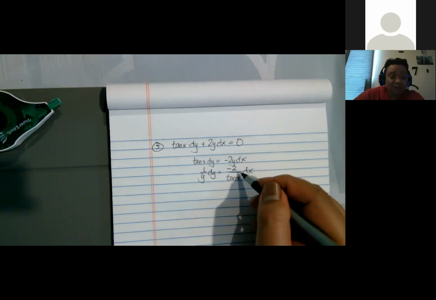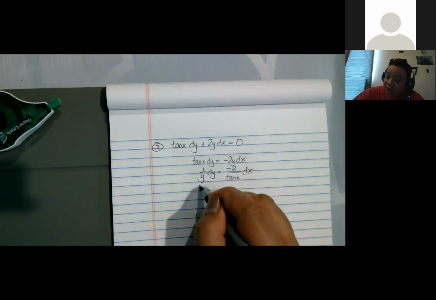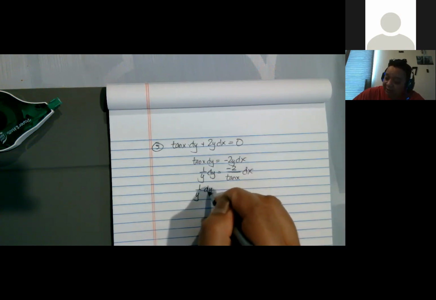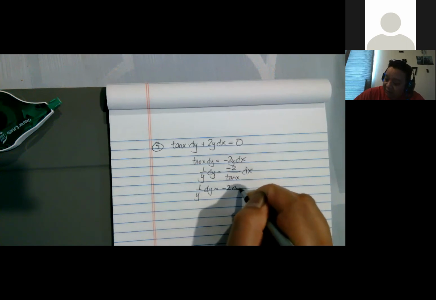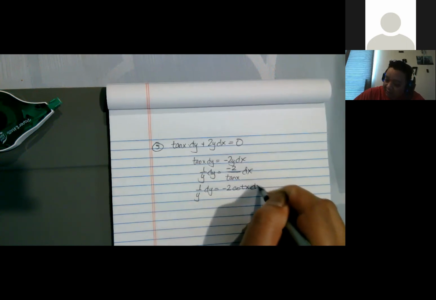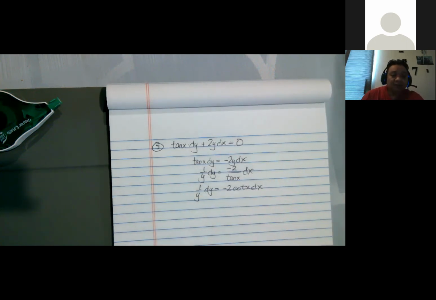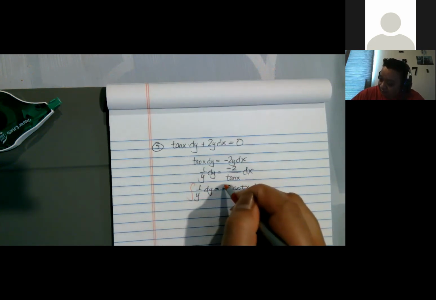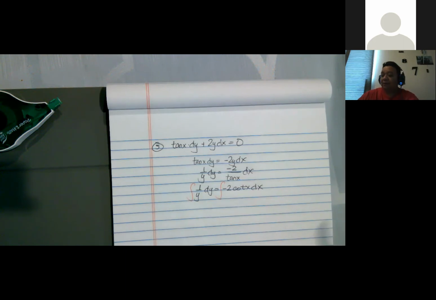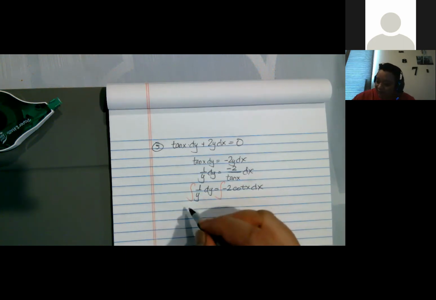Now, any reciprocal of a trig function, don't leave it as a reciprocal. Rewrite it using identities. So this is negative 2 cotangent x dx. And now integrate both sides. So the left side, we've seen plenty of these already.